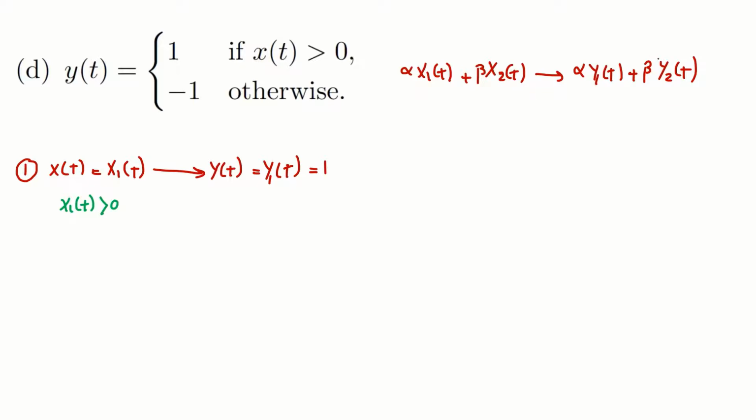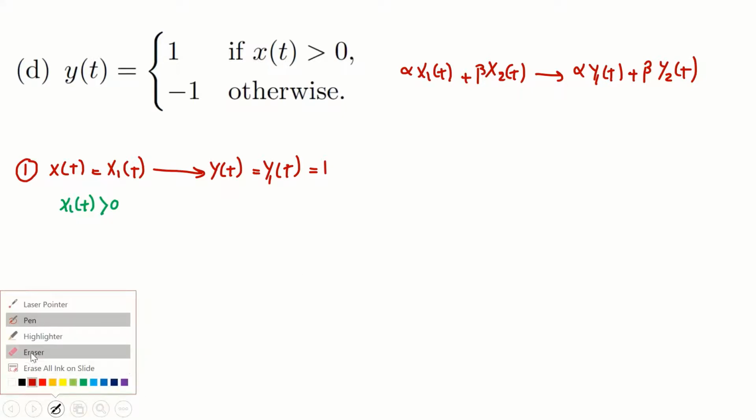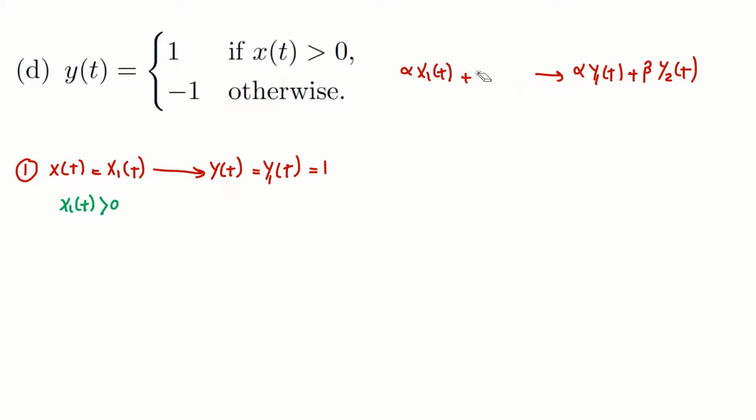Well, for the sake of simplicity, I assume this beta is 0. So when beta is 0, that means we can remove these two terms.